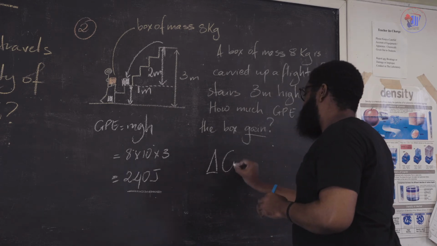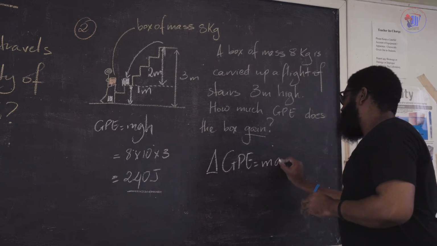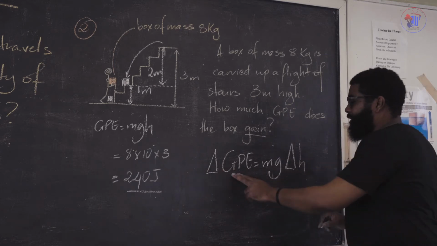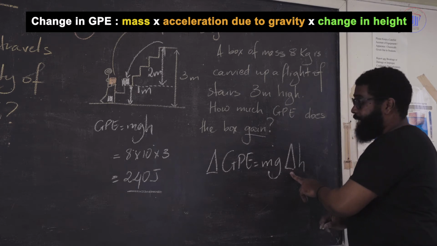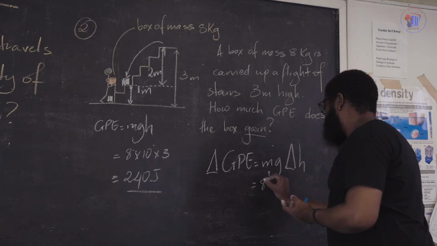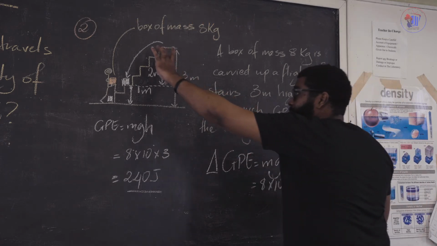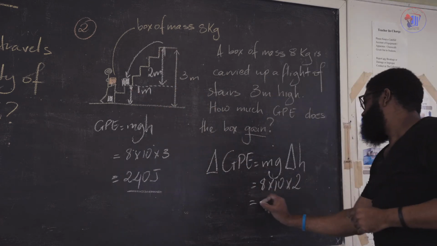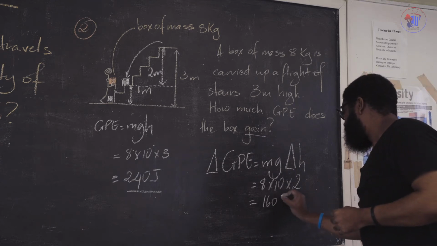Change in GPE is equal to mass by acceleration due to gravity by change in height. Looking at this, mass is still 8, g is still taken as 10, and the change in height is 2, because it fell from 3 to 1. 8 by 10 by 2, I get 80, and I get 160.